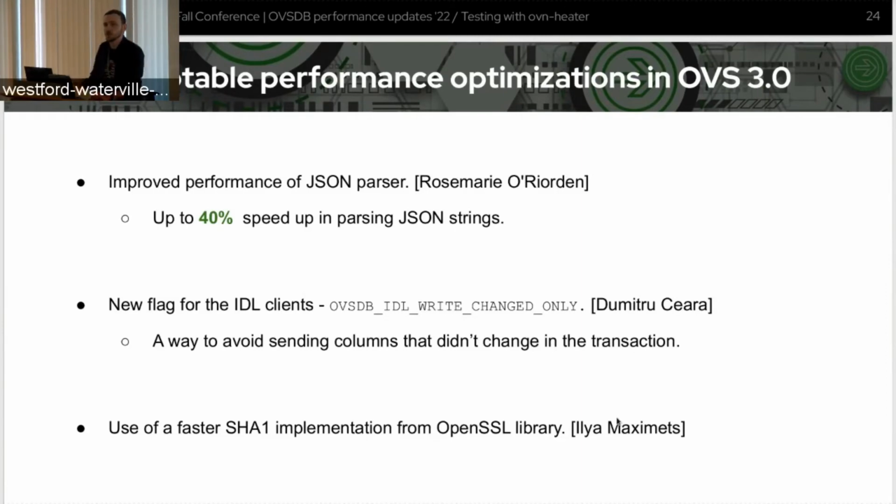It's work of Rosemary. We also have a new flag for idle clients from Dumitru to allow not sending all the unchanged columns for northd processing. And we're now using a faster SHA1 implementation from the OpenSSL library, which is used for error detection in the file.